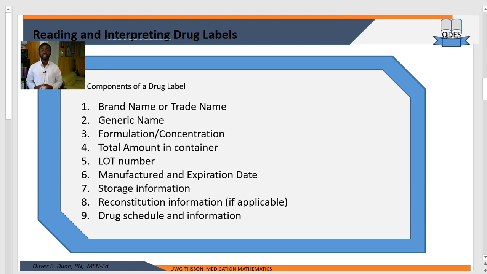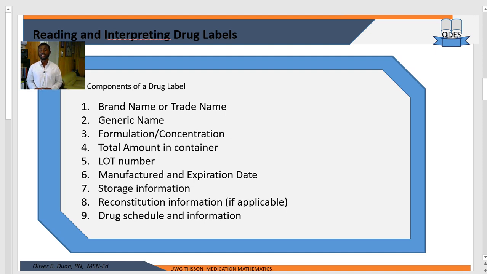And so if the drug requires any reconstitution, you are going to find this information on the drug label, and you have to follow the reconstitution instructions to accurately and safely reconstitute the medication. The last component that I'm going to talk about is the drug schedule. This tells you if the drug is classified as something that needs to be monitored closely or not.